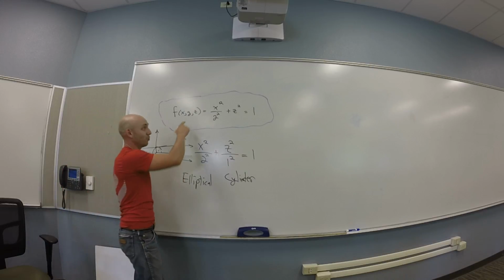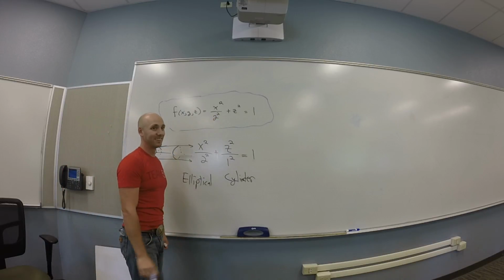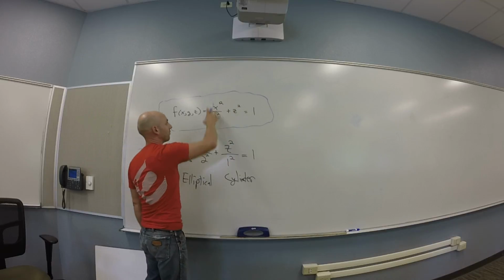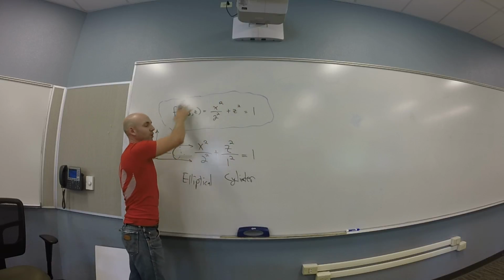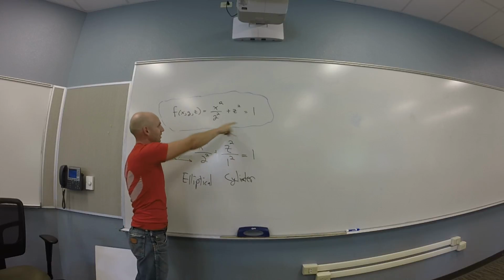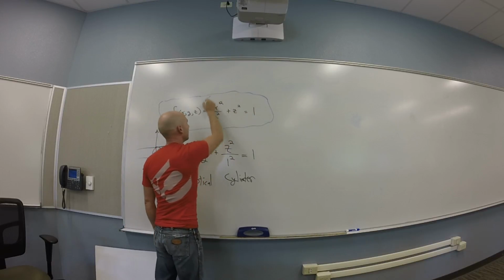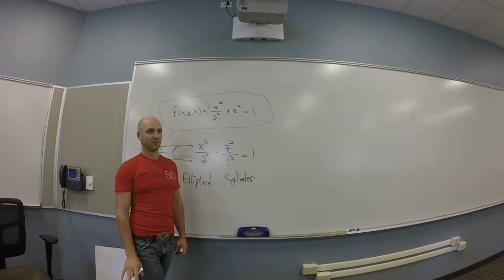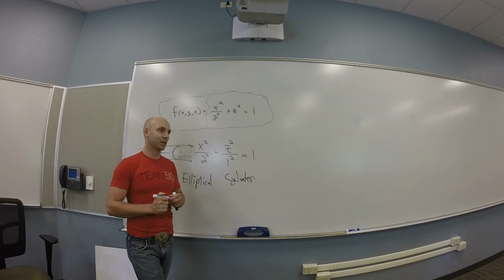Because when you write equality, you mean that these things are the same thing. And this thing is a function of x, y, and z, and this is like some separate level curve idea. You guys see that? Okay, so that's my complaint.